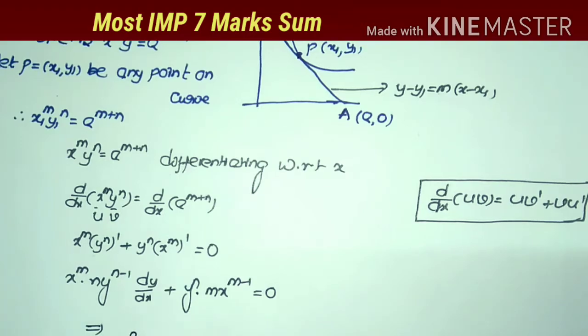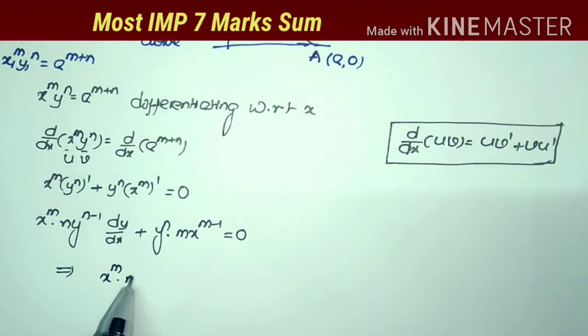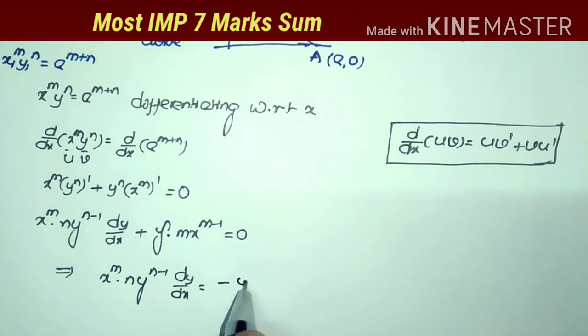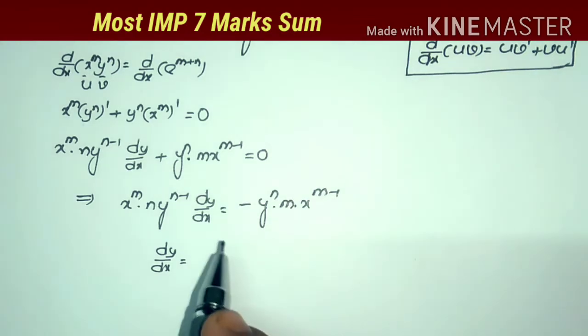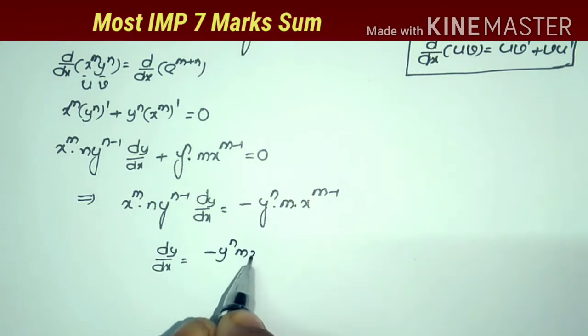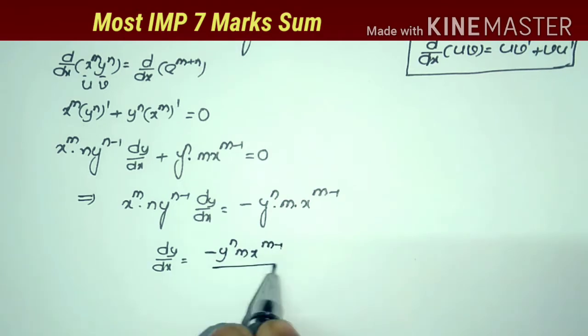Which implies x^m n y^(n-1) dy/dx = writing the other term to this side, minus y^n m x^(m-1). Therefore, dy/dx = minus y^n m x^(m-1) divided by x^m n y^(n-1).